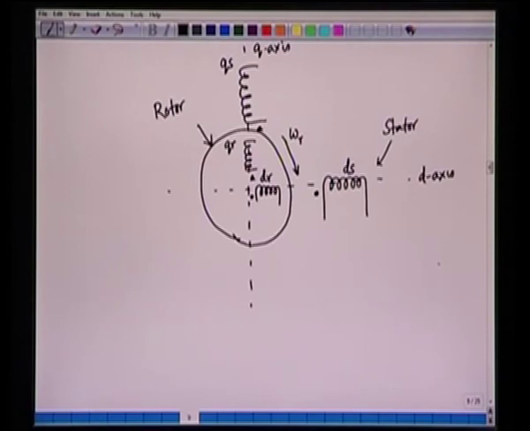Now this is the generalized machine that we are talking about, and the concept was given by a scientist called Kron, and this is called the Kron primitive machine. So I have two axes.